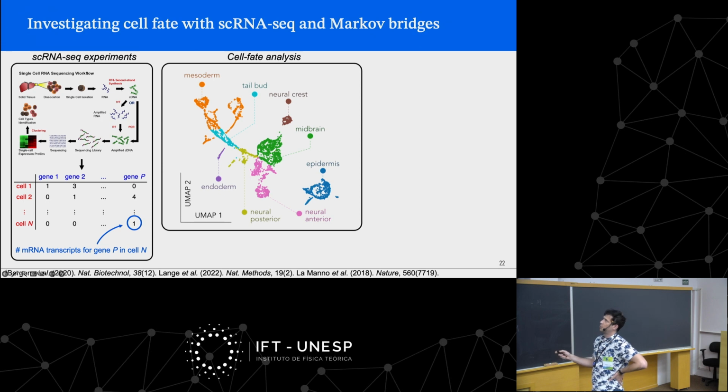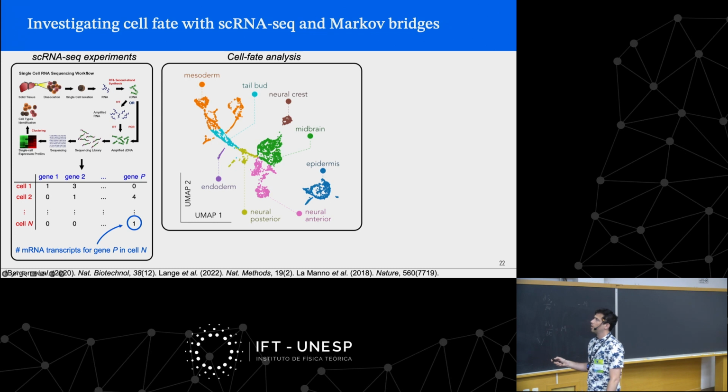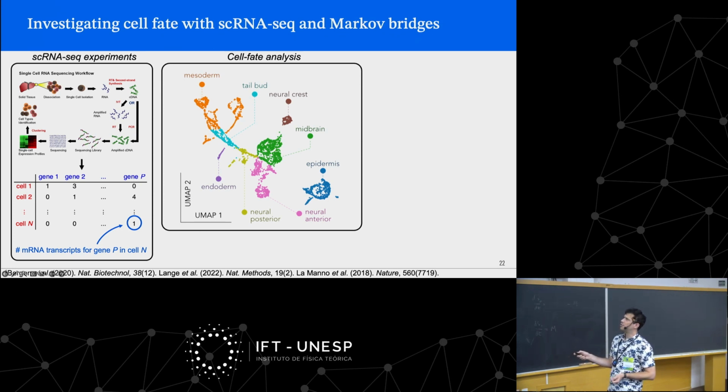Without going into the details of the experiments, which I myself am not very expert about, what I know is that they give arrays like this, where you have n rows, which represent single cells, and p columns, which represent p different genes. Therefore, each entry in this table represents the number of transcripts that were detected in a given cell for a specific gene.